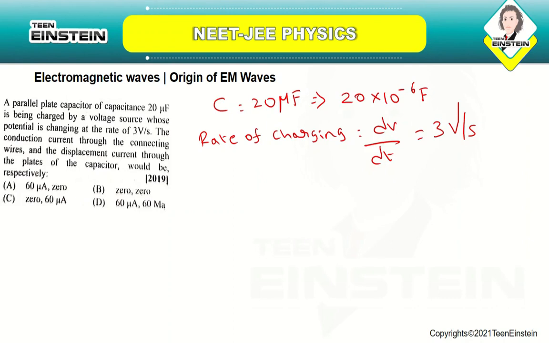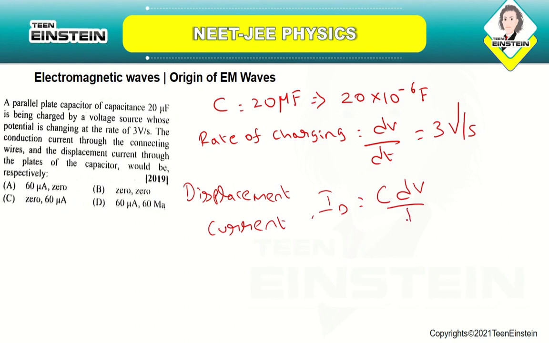The displacement current I_D = C dV/dt, which is 20 × 10^-6 × 3, because C is 20 × 10^-6 and dV/dt is 3. If you solve this, you get the displacement current as 60 microamperes.